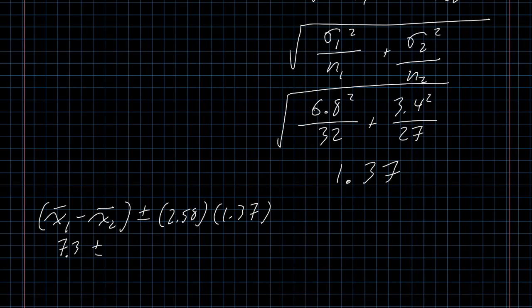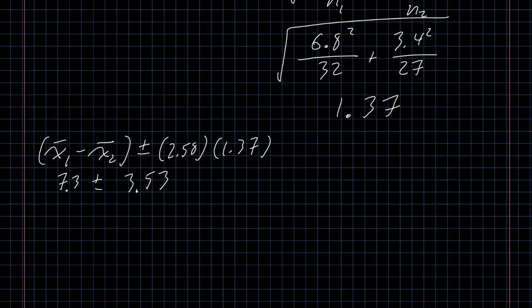And then 2.58 times 1.37 is something in the ballpark of 3.53. And so our range is 7.3 minus 3.53, which is about 3.8, and 7.3 plus 3.53, which is something in the ballpark of 10.8.